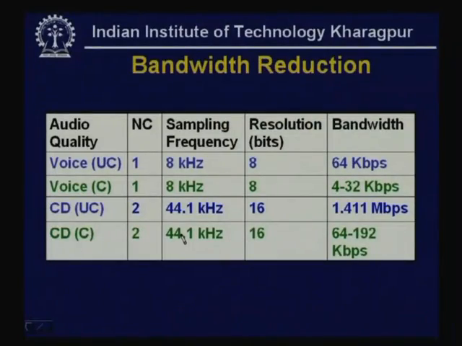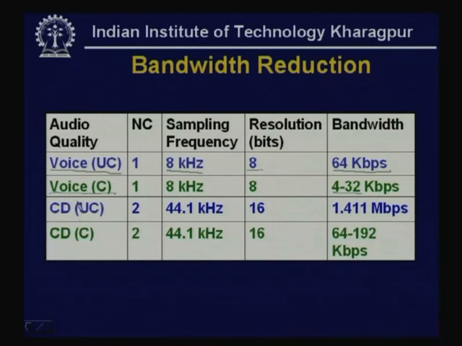And as you can see, for uncompressed voice, 8 kilohertz sampling frequency and a resolution of 8 bits per sample gives you 64 kilobits per second. On the other hand, whenever voice is compressed with the same sampling frequency and resolution, it can lead to 4 to 32 kilobits per second. So, 8 to 1 or 2 to 1 compression is possible.